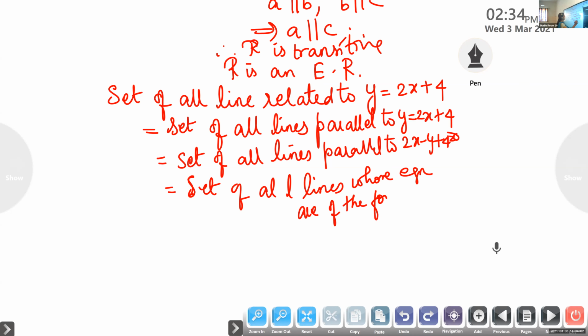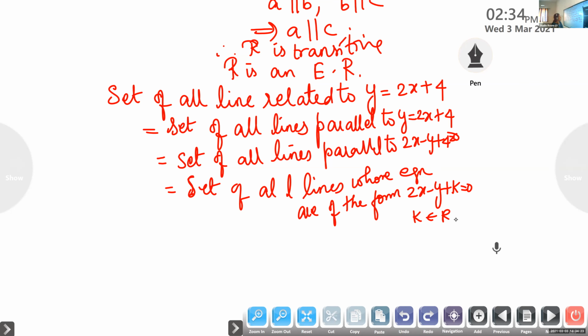Parallel means the x and y coefficients should be the same. 2x minus y plus k is equal to 0, where k is a real number, k belongs to R.